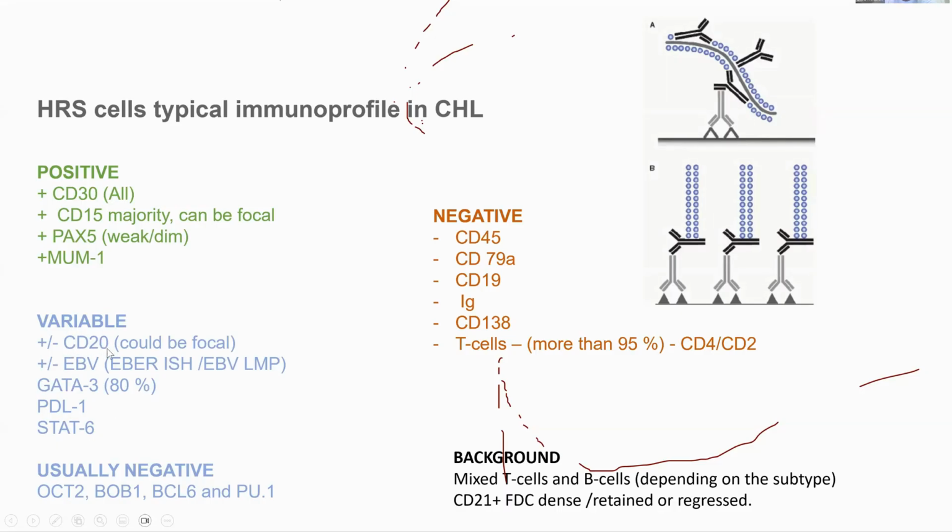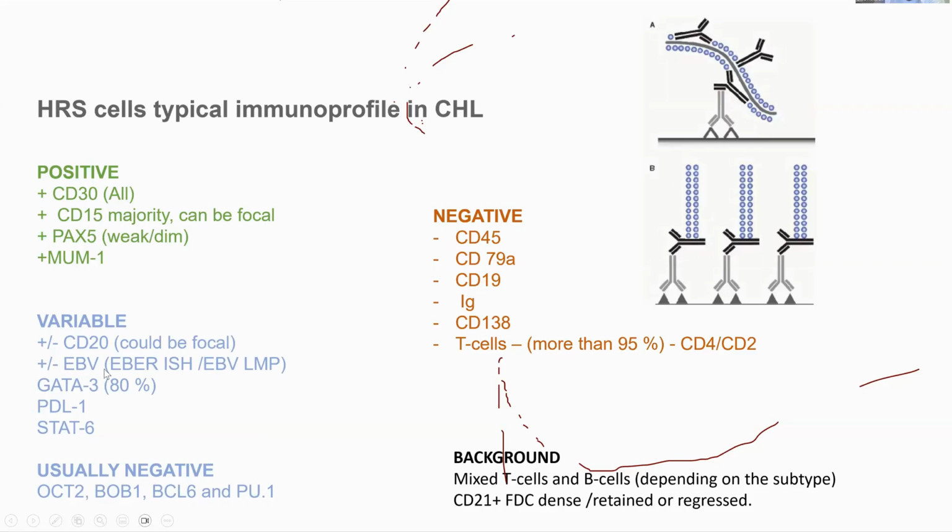CD20 can be positive in patchy cells, but usually they are negative. The other B cell markers that are usually negative are OCT2, BOB1, BCL6, or PU.1. But OCT2 and BOB1 sometimes have a very weak expression in Hodgkin's lymphoma, and we see that. But negative staining is just a good sign that you are dealing with a classic Hodgkin's lymphoma.